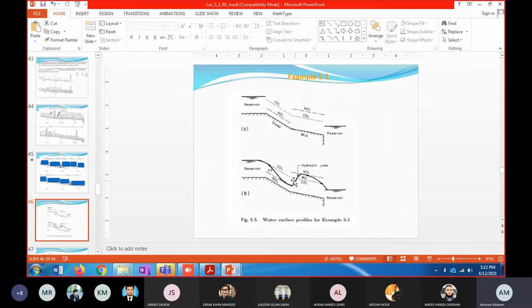Just remember that each water surface profile would be made between two depths, that is, the critical depth line and the normal depth line.